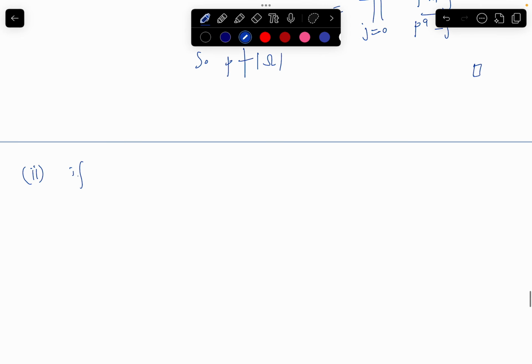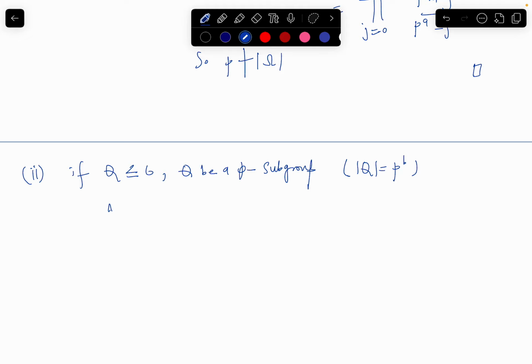So if we take Q to be a subgroup of G, and let Q be a P-subgroup, that is, the size of Q is P to the power b for some b, and this b need not necessarily be a.